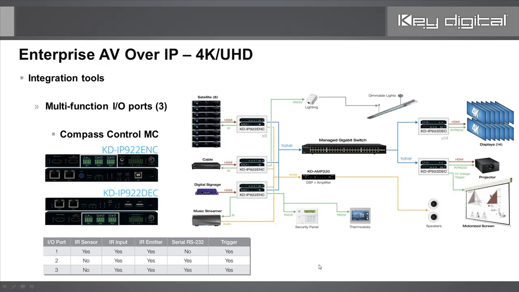But truly, nothing is more efficient than using the three multifunction I/O ports as Compass Control master controllers. The control ports can be IR in, IR out, RS-232, or voltage triggering. And if we look at this design here, where we have 8 satellites, a cable box, music streamer, security panel, lighting control, thermostat, projectors, 14 displays, and the motorized screen for the projector, you might be building the system with KeyDigital IP922s already.